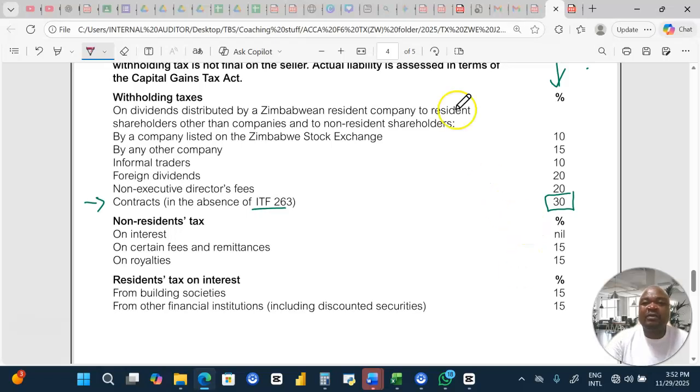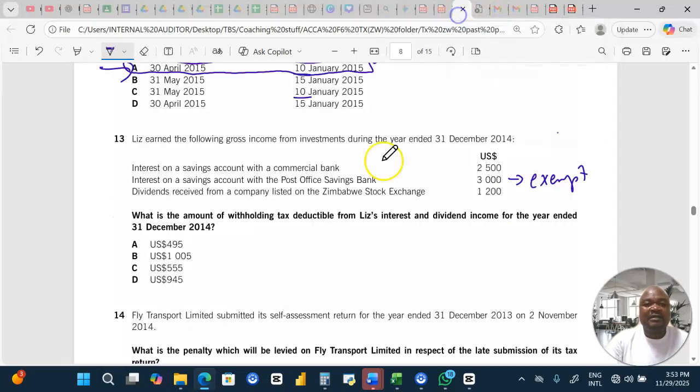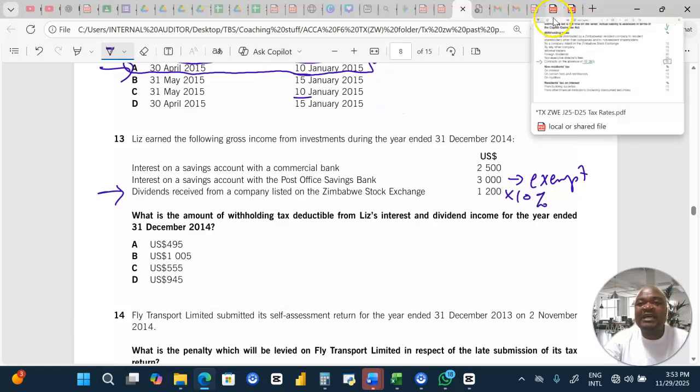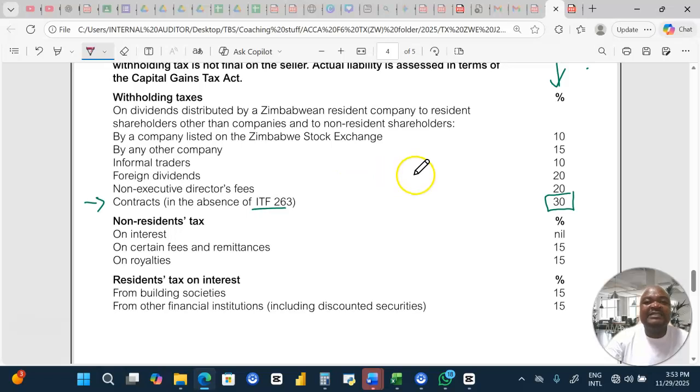But let us hear from the question whether it was a listed company: dividends received from a listed company. So here, we charge 10% withholding tax as given in the table. Remember, the table says if there are dividends by a company listed on the stock exchange, the applicable withholding tax rate is 10%.